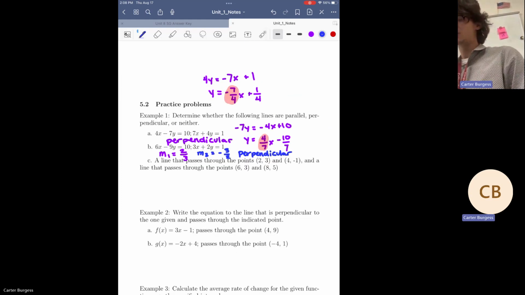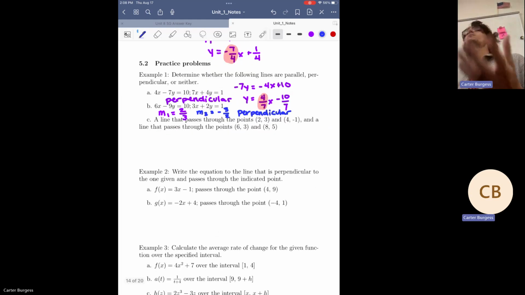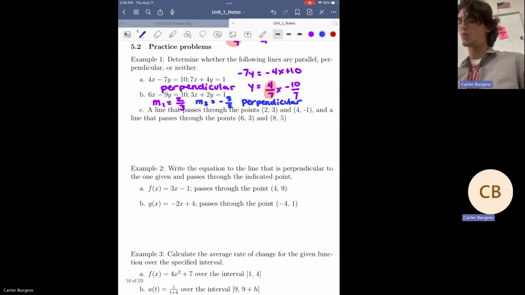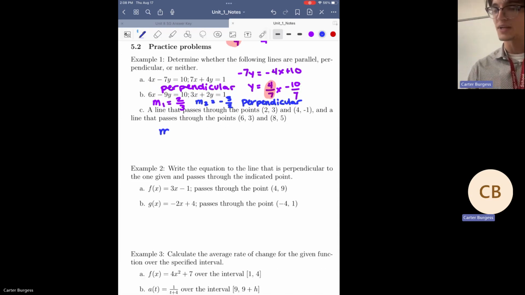Awesome. For C, 2 points, figuring out the slope between those 2 points. We have a formula for that. What was the first slope that we got? -2 over 1. And what was the second slope that we got? Just 1. And so are these the same? Are they opposite reciprocals of one another?